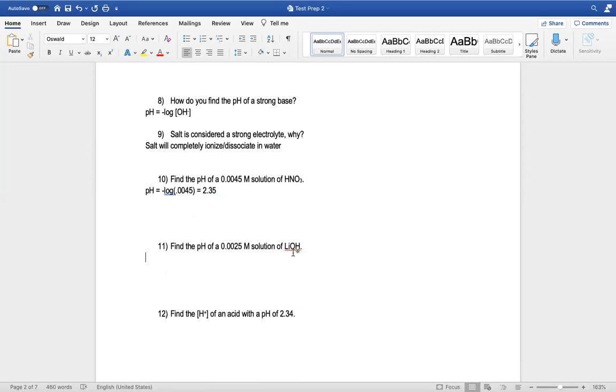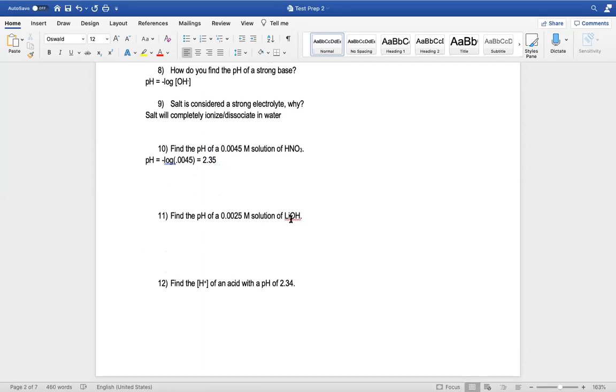And then find the pH of a 0.0025 molar solution of lithium hydroxide. Same exact equation. pH is equal to negative log of 0.0025, which is equal to 11.40.